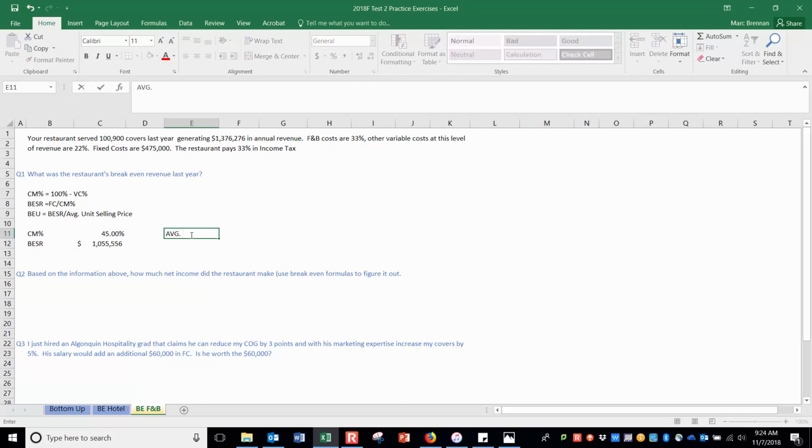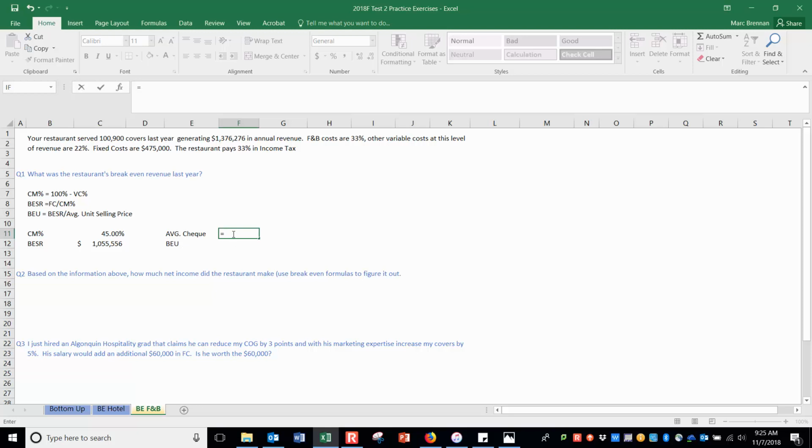Okay. Now, before we move forward, it's not a bad idea for us to find out the average check that we had last year, and then what break-even units is. We don't have this number yet. The question only says what was the restaurant's break-even revenue last year, but it's good to find out the break-even units too.